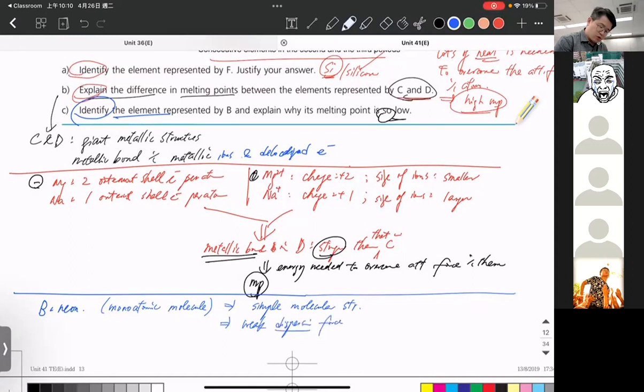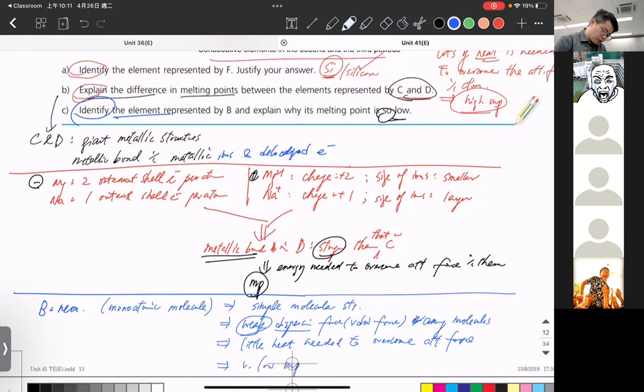This dispersion force, or van der Waals force, between molecules means little heat is needed to overcome the attraction forces, which accounts for the very low melting point.